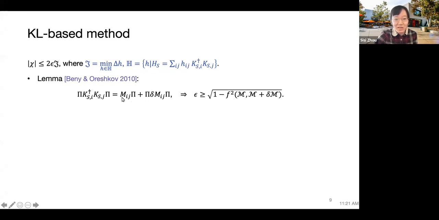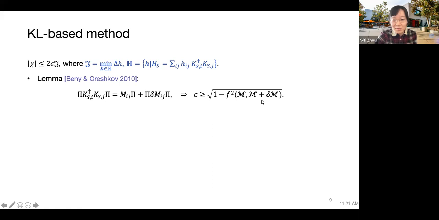The first part would have constants M_ij times the projection onto the code, and we will have additional approximate terms. Then we can bound this epsilon by the square root of 1 minus F squared between some quantum channels defined using this M and M plus delta M.